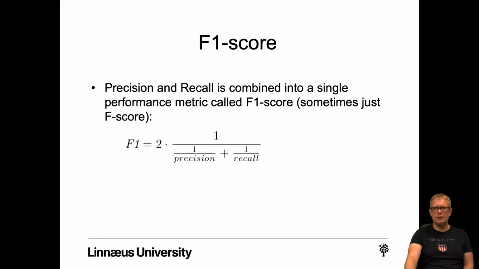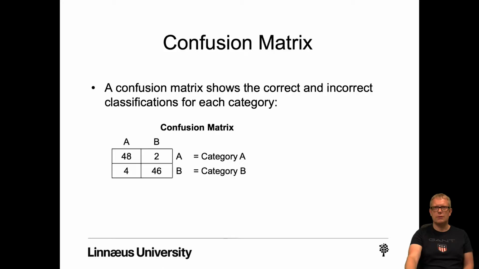Another important thing to look at when you work with machine learning problems is the confusion matrix. The confusion matrix shows the correct and incorrect classifications for each category. In the example here we have two categories, A and B, and we have a matrix of classifications.